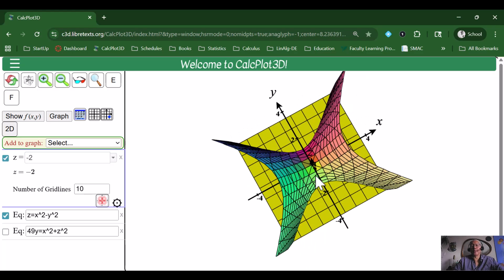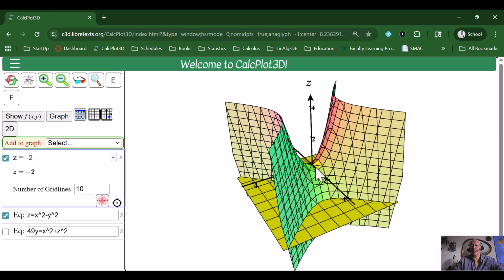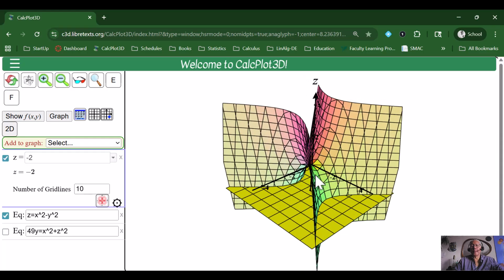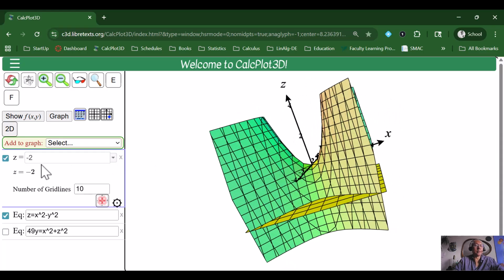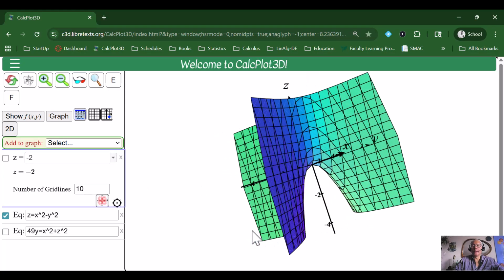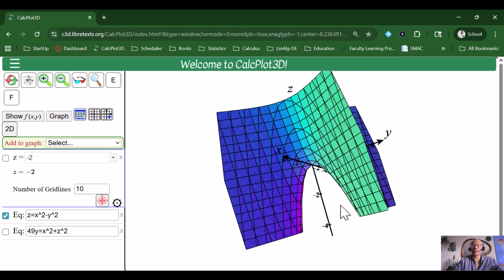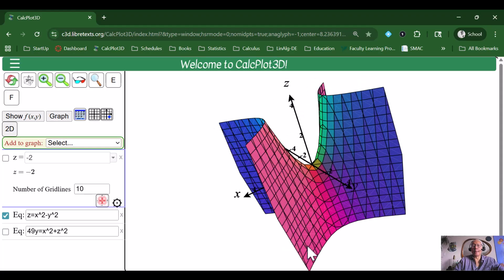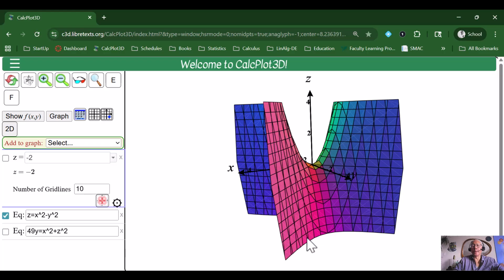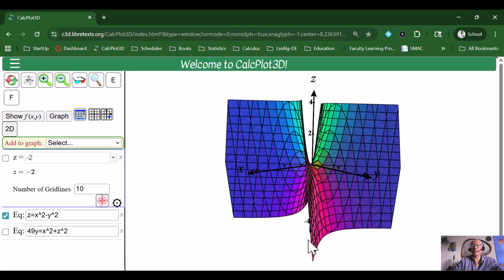Another thing to note is that you can see parabolas in here. So I'm going to take the plane out, and just look at the shape of this hyperbolic paraboloid and show where some of these hyperbolas continue to exist.